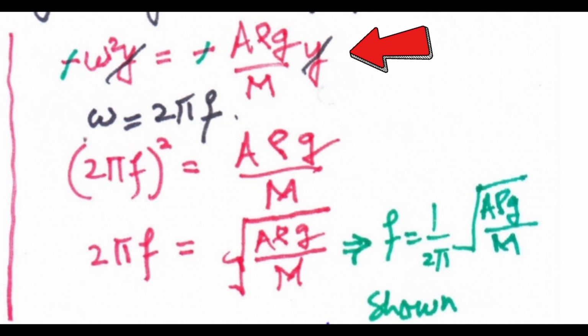Minus sign on both sides of the equation get cancelled, and we also know that ω is equal to 2π f.